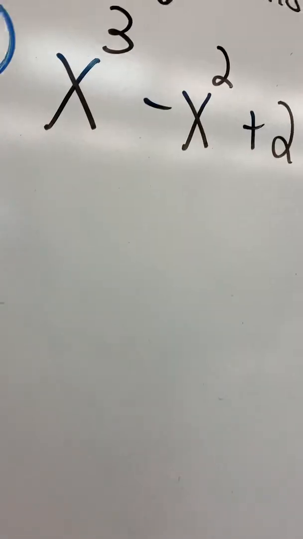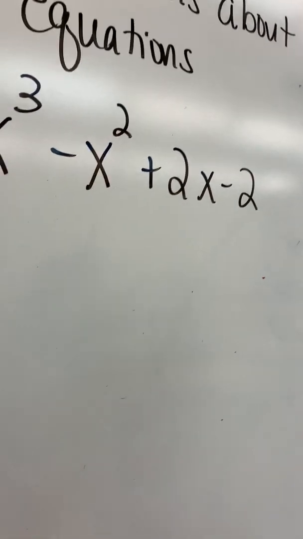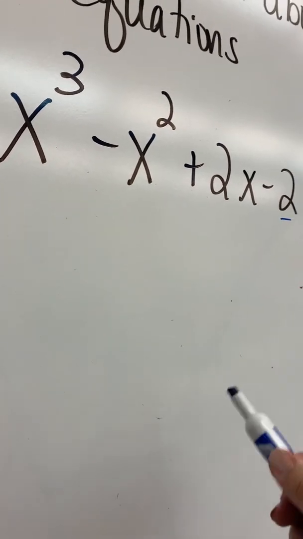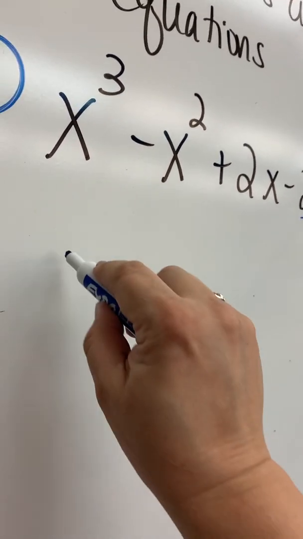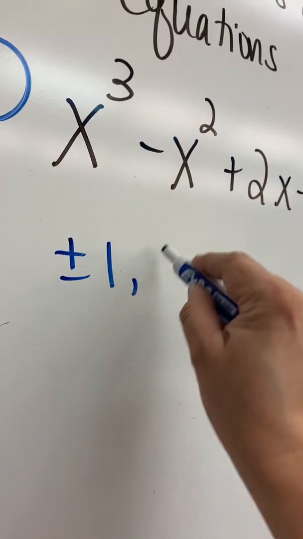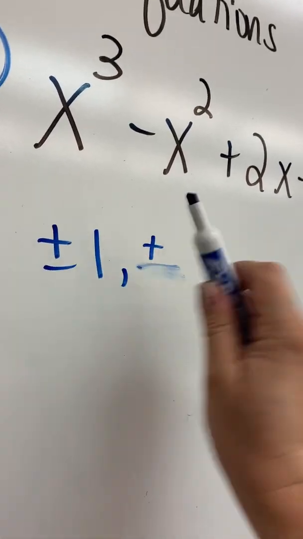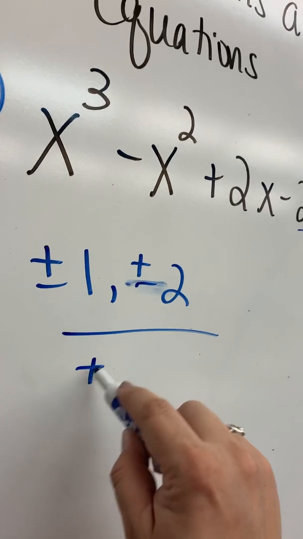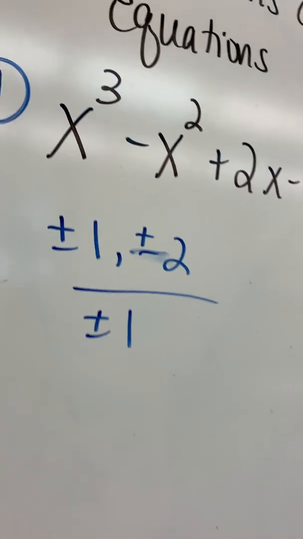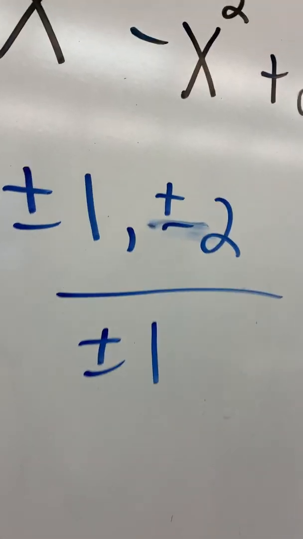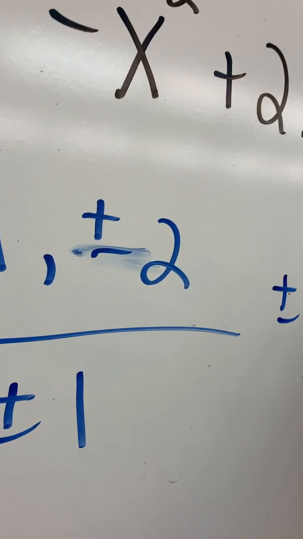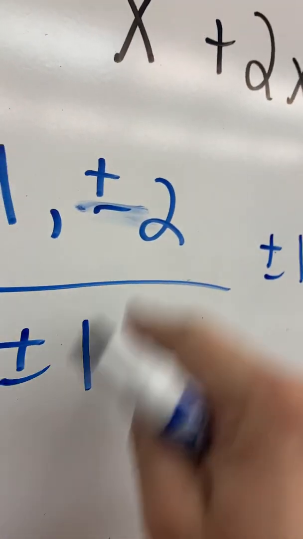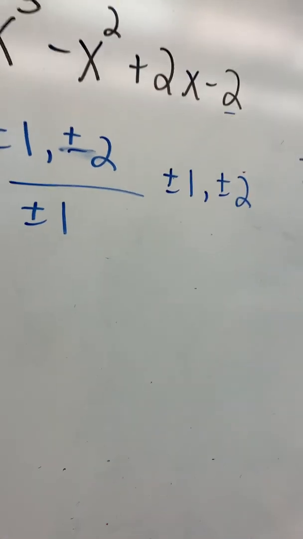So here, for this equation, your constant is 2. What are the factors of 2? Just 1 and 2. Leading coefficient is 1. So all of your possible roots: plus or minus 1, plus or minus 2. 1 over 1, 2 over 1. Those are your possible roots.